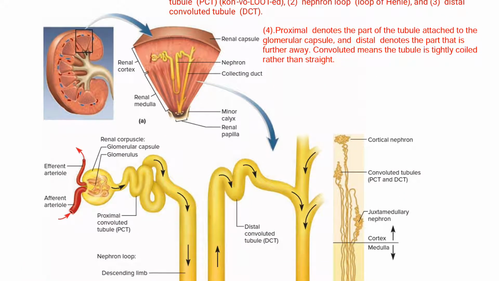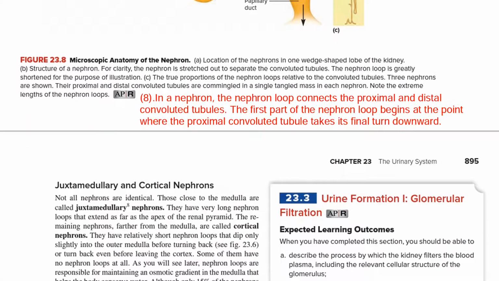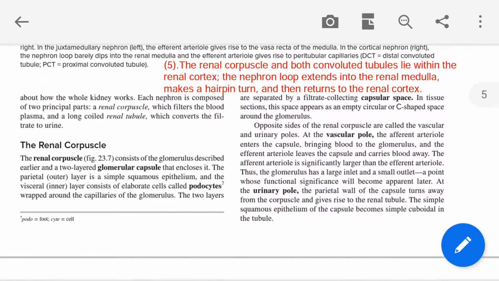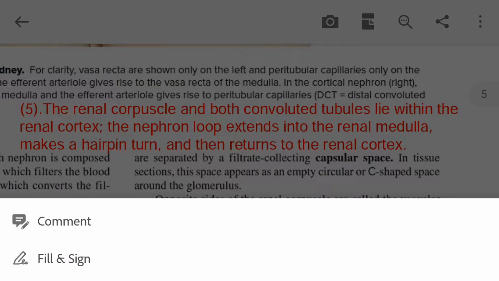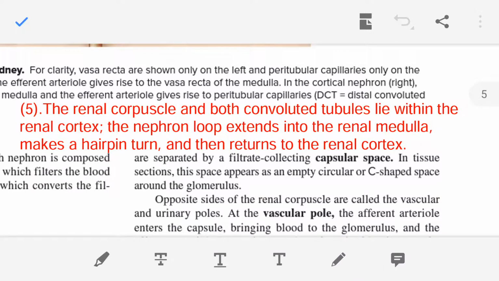Now we are discussing the fifth point. The renal corpuscle and both convoluted tubules lie within the renal cortex.